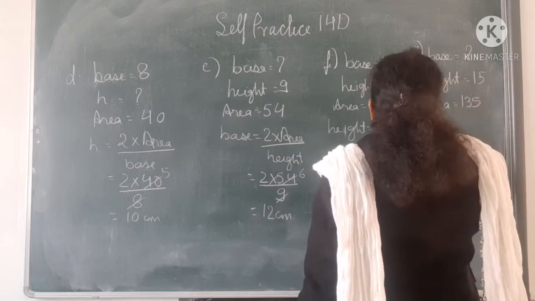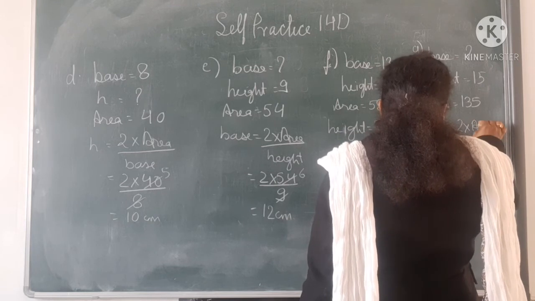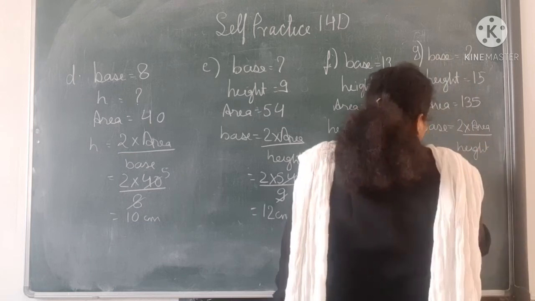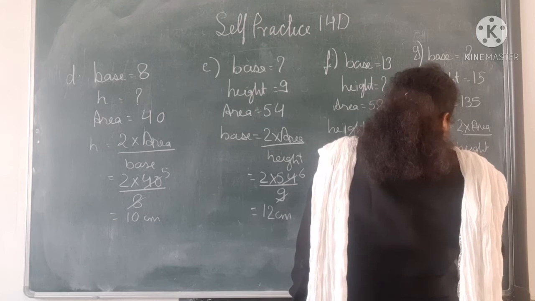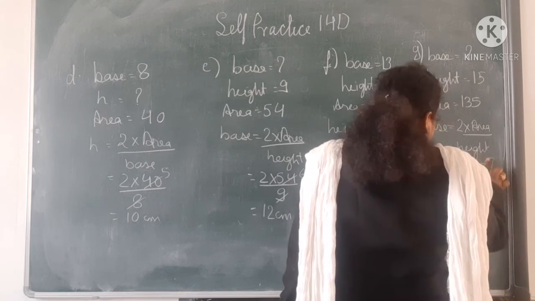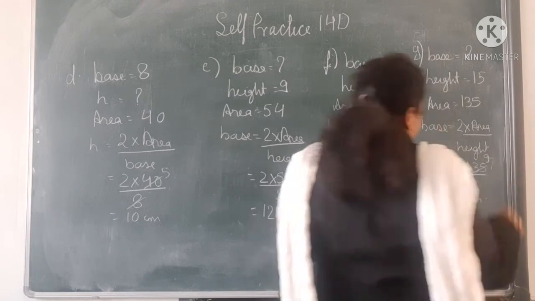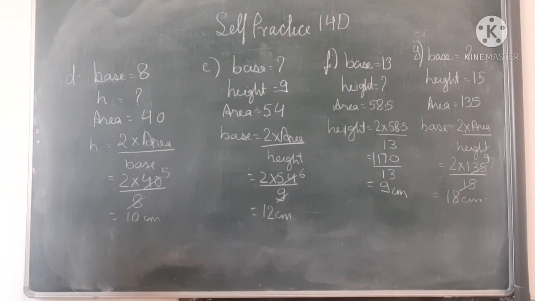So what will be your base here? 2 into area upon height, that is 2 into 135 upon 15. 15 9s are 135 and 9 2s are 18. So 18 centimeter will be your base here.